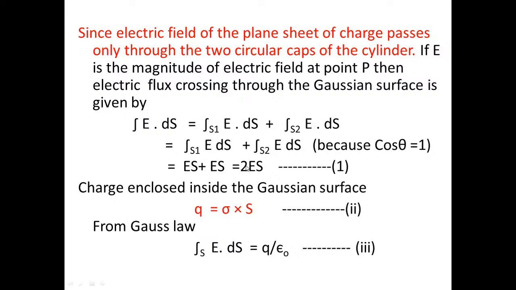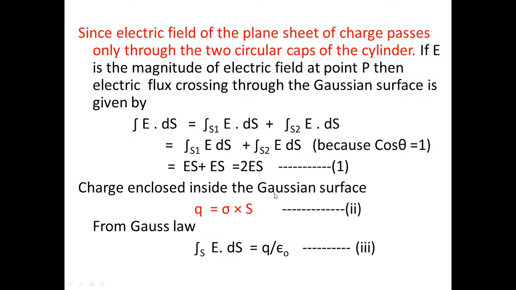So it will be equal to 2ES, because when you solve this it will be E ds cos theta, and here theta is 0 degree, so cos 0 is equal to 1, so it will be ES, and this will be again ES. So integral E dot ds for this will be equal to 2ES, ES plus ES.